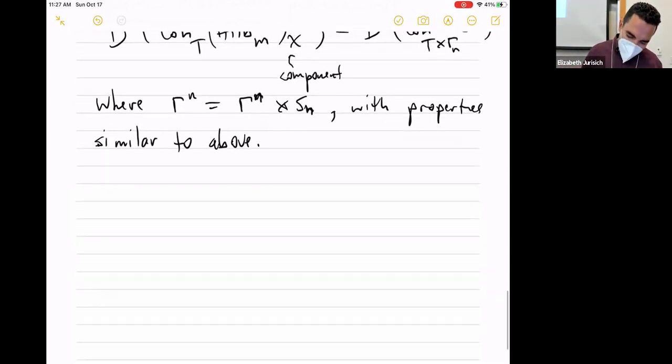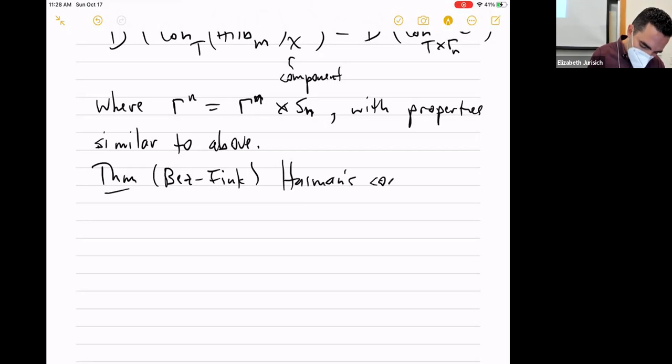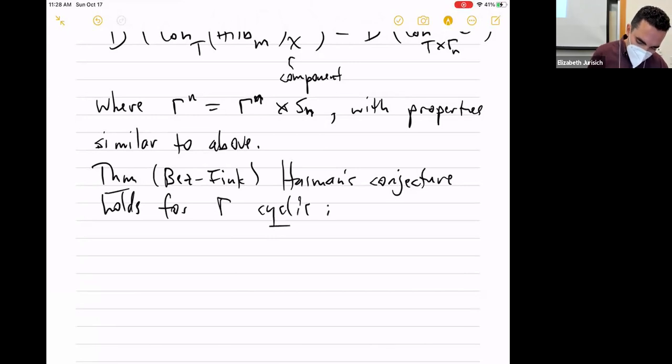Okay, so that was a conjecture, and it's a theorem of Bezrukavnikov and Finkelberg. Haiman's conjecture holds for Gamma cyclic.